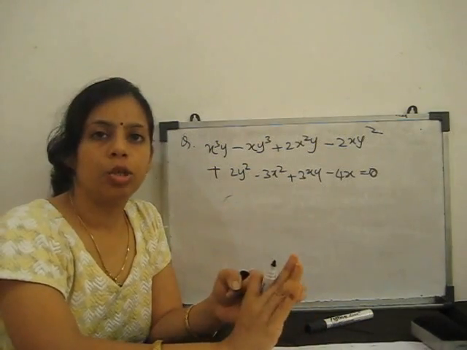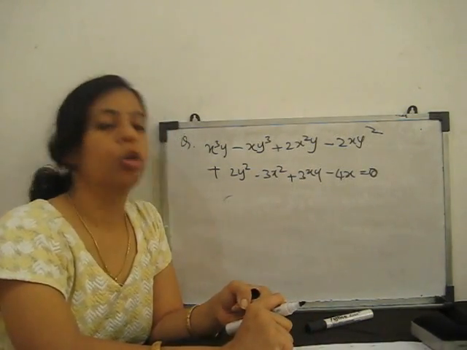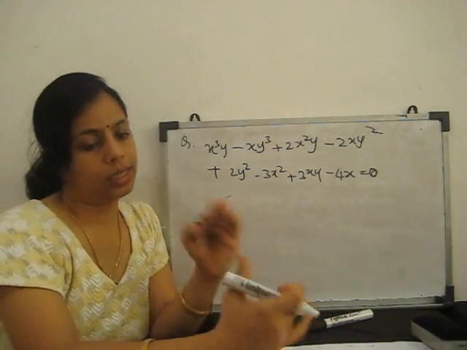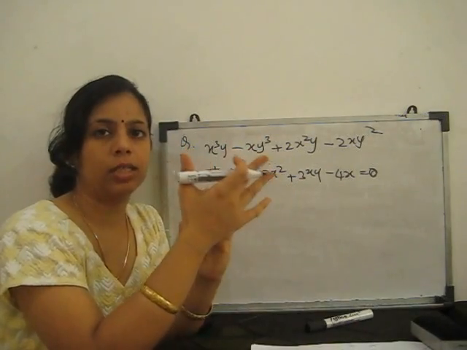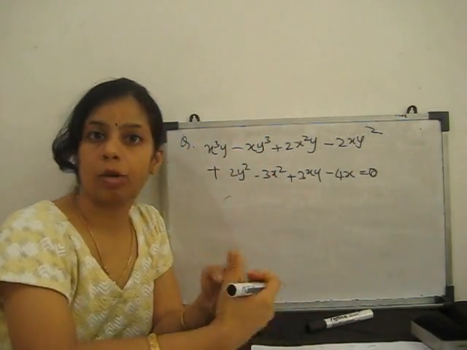So at (0, 0), first we have to find out the tangent, then the perpendicular distance drawn from the tangent, and we have to find out the radius.